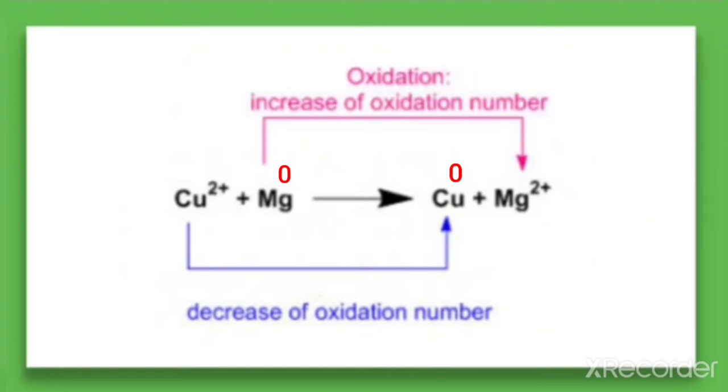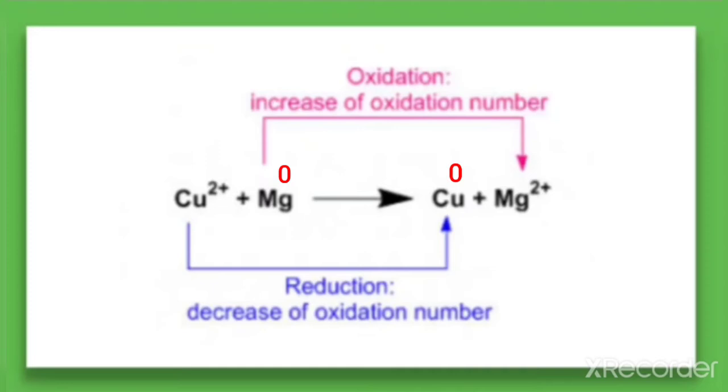And according to the definition which we have already learnt, if there is a decrease in the oxidation number, that is called reduction. So in this reaction, both oxidation and reduction are taking place simultaneously. Therefore, this reaction is called a redox reaction.